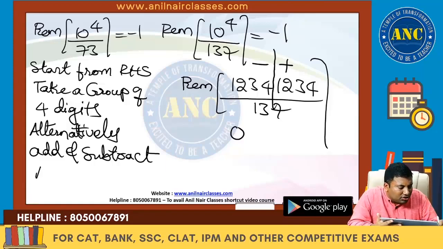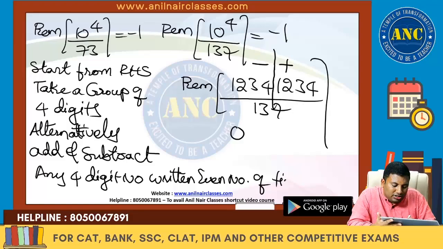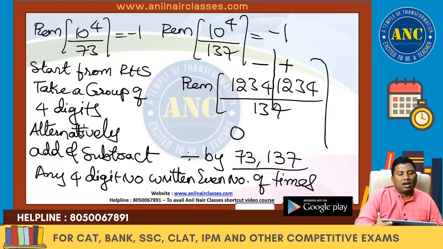Or in other words, any 4-digit number written an even number of times is always divisible by 73 and 137. Are you all with me?